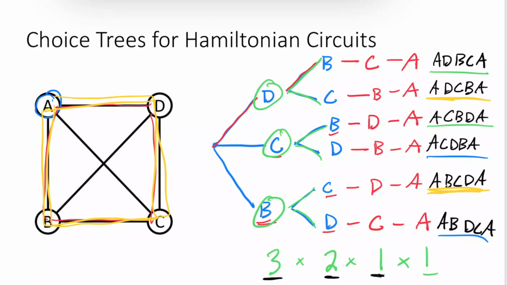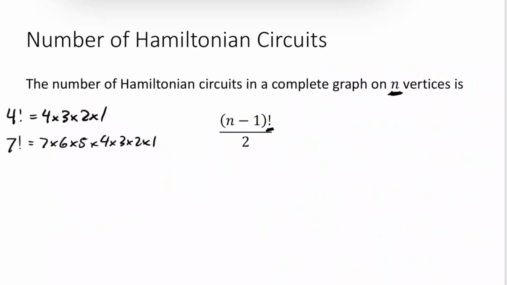We just said, okay, A is where we're going to start the circuit, because it actually doesn't matter in a circuit where you start. So I'm just going to start at vertex A, and then from vertex A, we had 3 choices of where we went from there. That's why the formula has n minus 1.